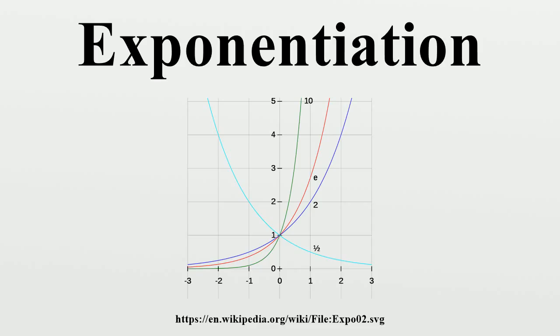Without parentheses to modify the order of calculation, by convention the order is top-down, not bottom-up. Note that some computer programs associate to the left instead, i.e., a to the b to the c is evaluated as (a to the b) to the c.